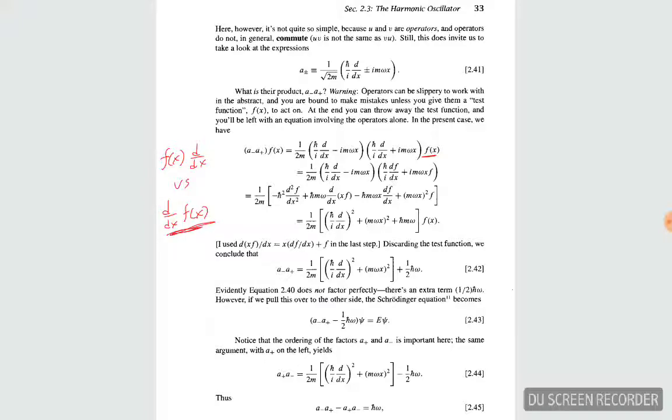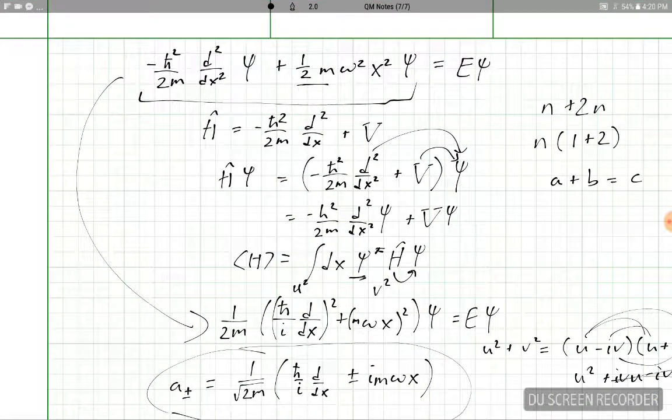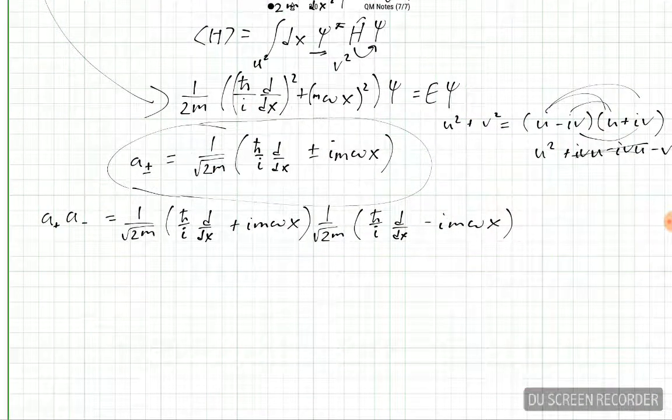In this case, I have to take the derivative of my function f(x). In this case, I am not taking the derivative of my function f(x). So that's actually pretty good advice. So I'm going to go ahead and follow it and just throw in that function f(x). So I have the multiplication of my two operators just acting on a function. I don't care what the function is, I'm just putting it in there so it's easier to keep track of.